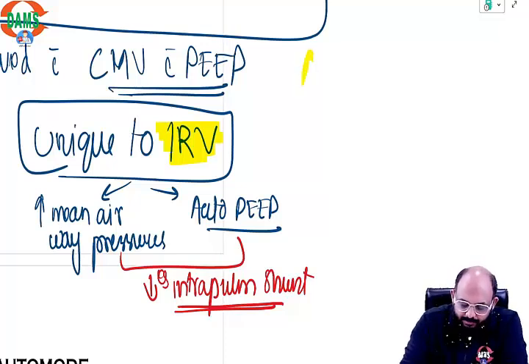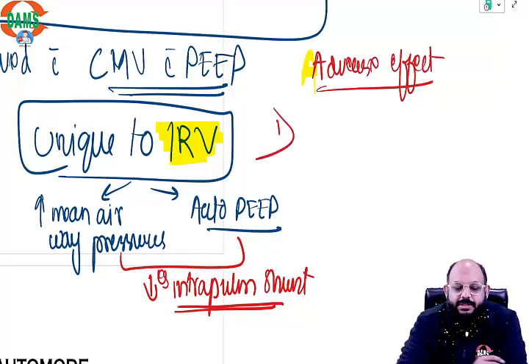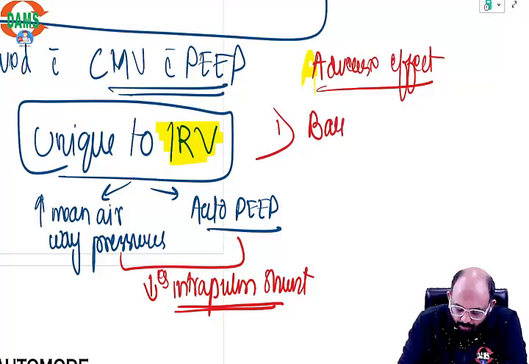But obviously it comes with certain adverse effects. The biggest adverse effect of such high inspiratory times would obviously be barotrauma.